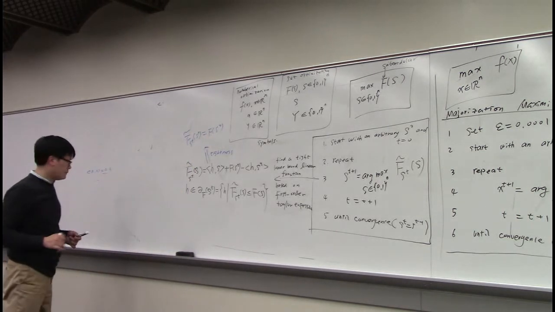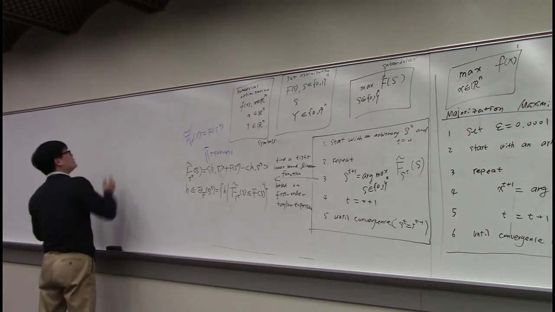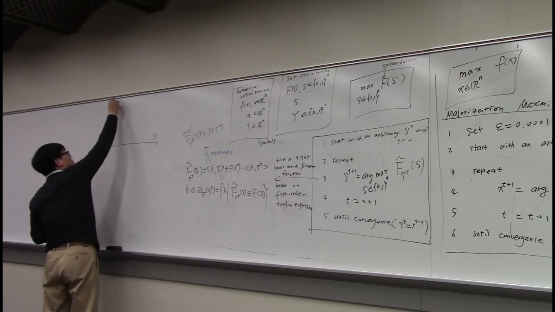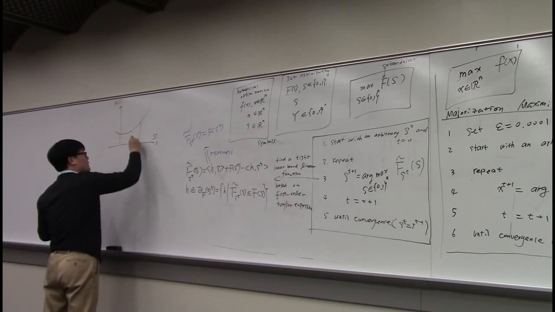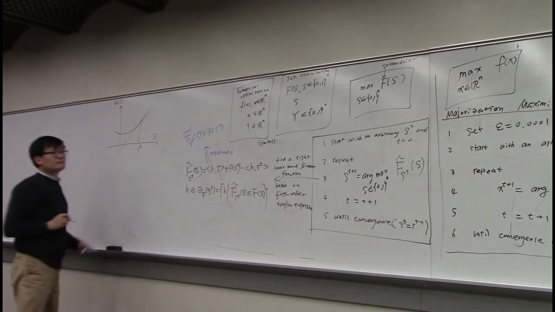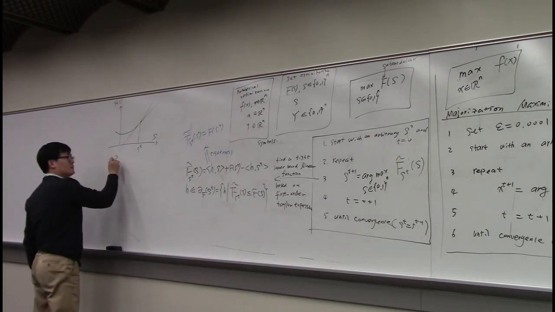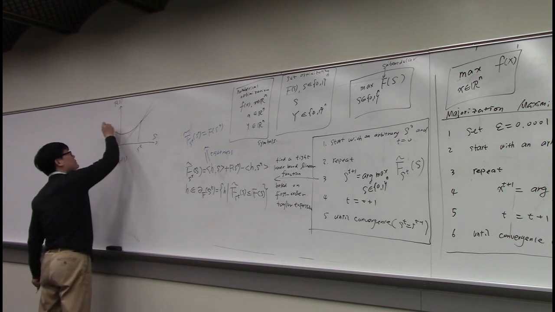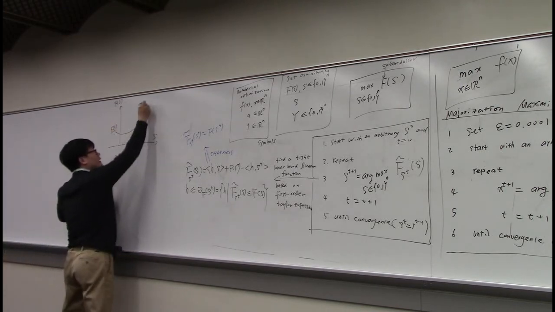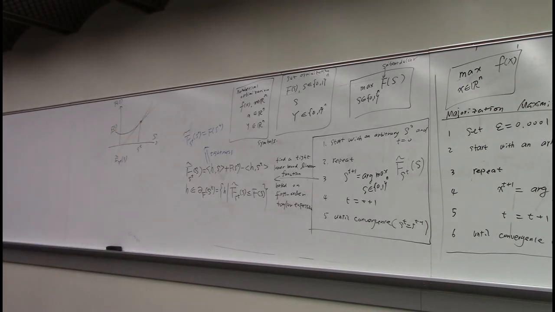If we draw a line, this is S, this is F(S), this is S_t, and this is F(S_t). This curve and the linear lower bound only overlap at one point, which is S_t.